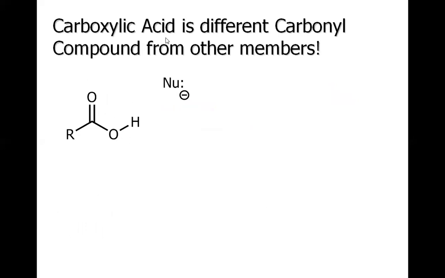Remember, when a carboxylic acid is there with the nucleophile, it does not act like the other carboxylic acid derivatives we were discussing, such as acid chloride, acid anhydride, amide or ester. Rather than attacking the carbonyl carbon, the nucleophile prefers to attack this terminal hydrogen because this is the acidic hydrogen, and we have a simple acid-base reaction. This will become the carboxylate salt and NuH will be formed.